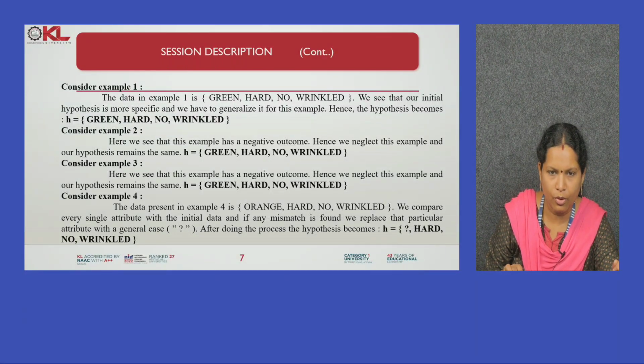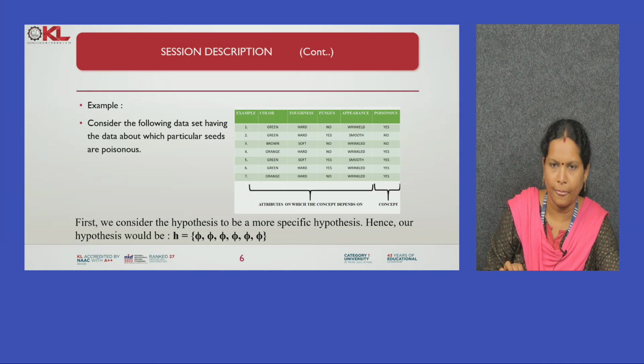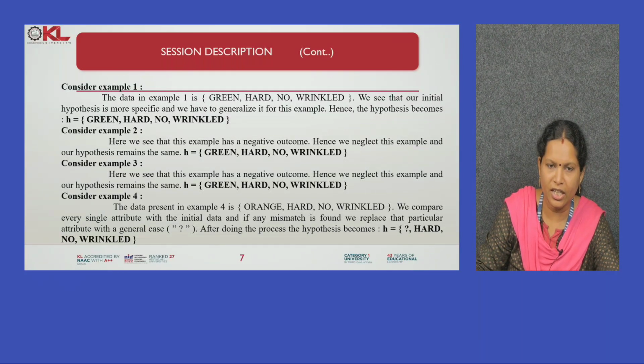Then coming to example 4: orange, hard, no, wrinkle, and the outcome of this example is yes, right, yes, which means a positive example. So we have to consider this example and match it with the previous one. We compare each and every attribute with the initial data.